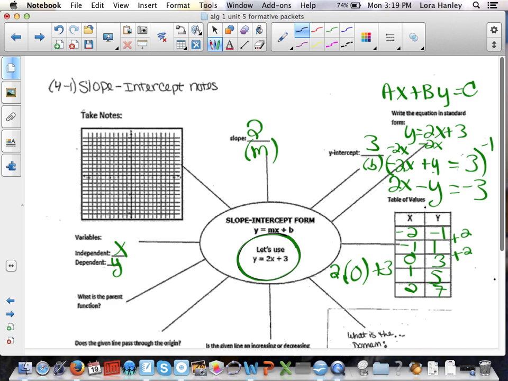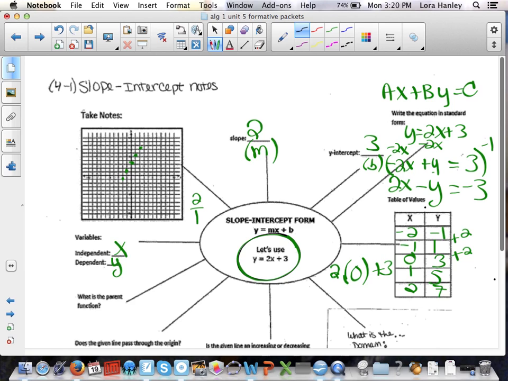The points that are in our table should be the same points on our line, but I'm going to use the graphing trick we just learned. So remember, B is where you begin, and M is how you move. Well, B is at +3, so I'm going to go on my y-axis up to +3. And my slope is 2, which is 2 over 1 if I create a fraction. So I can move up 2 to the right one, or down 2 and to the left one.